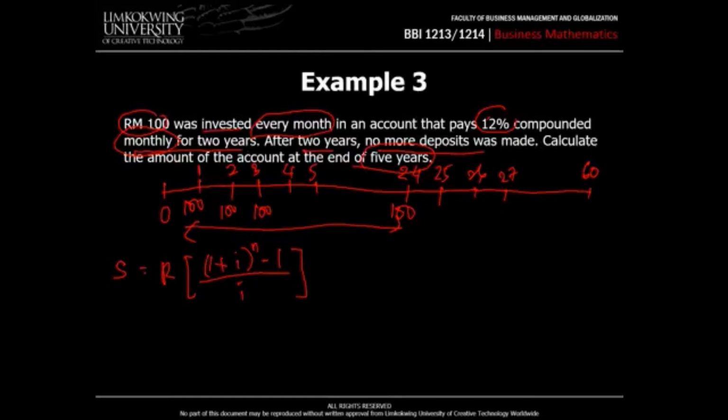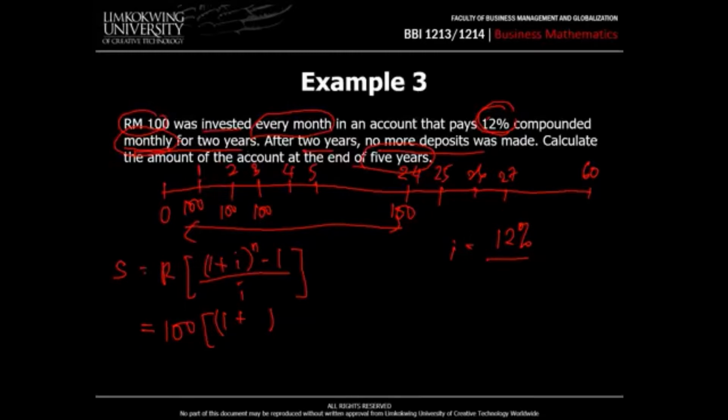Okay, so here R is 100. 1 plus, okay, what is i? 12%. You have 12% compounded monthly for 2 years. So it means 12% divided by how many?